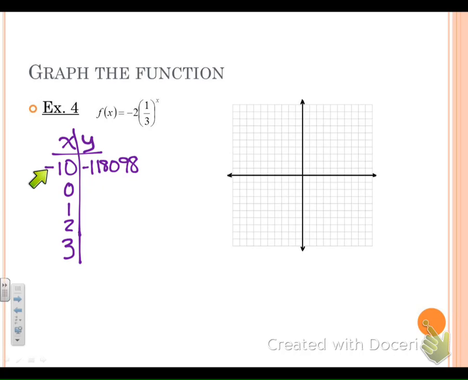So when we plugged in -10, we got a really negative number. Wait a second. Yesterday during warm-up, if you plugged in a number and you got really more negative, we've got an arrow on this end pointing way down. So maybe it's not -10 that I want to plug in.